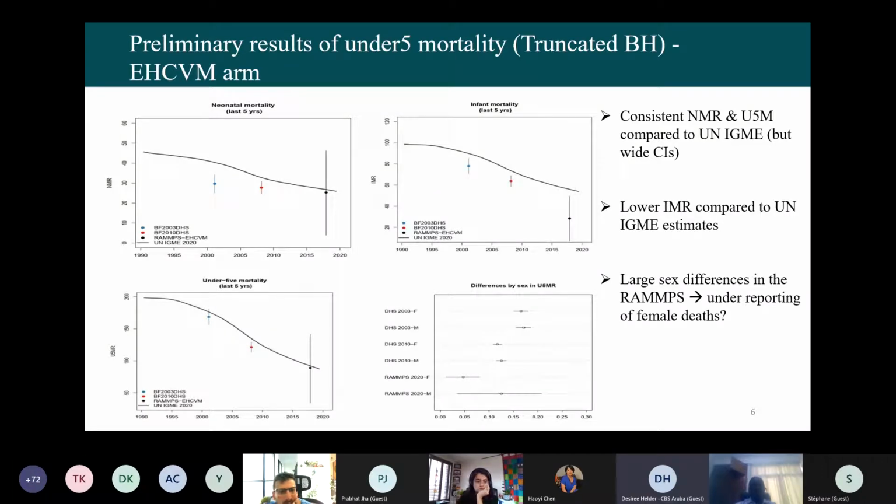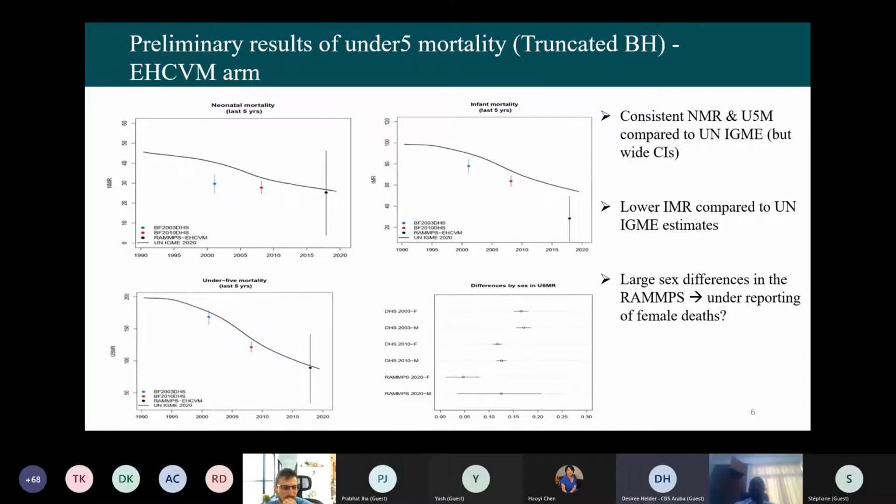We are comparing estimates derived from the NAMS with estimates of the UN group on child mortality estimation, and also estimates derived from the 2010 DHS conducted in Burkina Faso and the 2003 DHS. Here we have different graphs, one for neonatal mortality, one for infant mortality, one for under 5 mortality, and differences by sex in under 5 mortality.